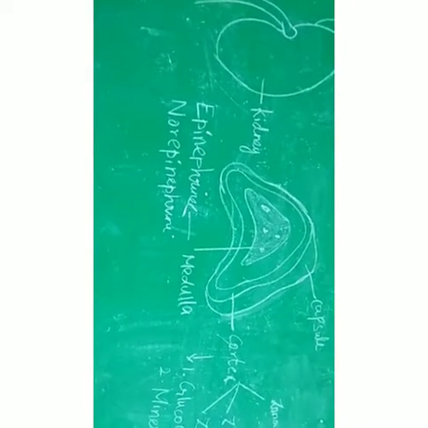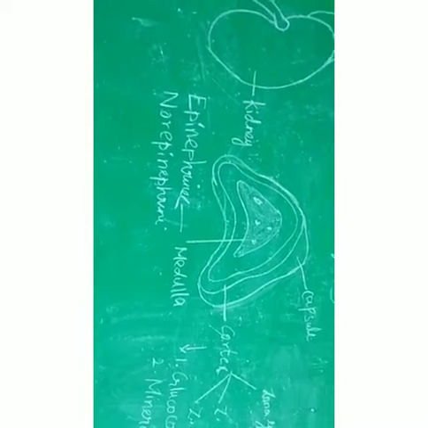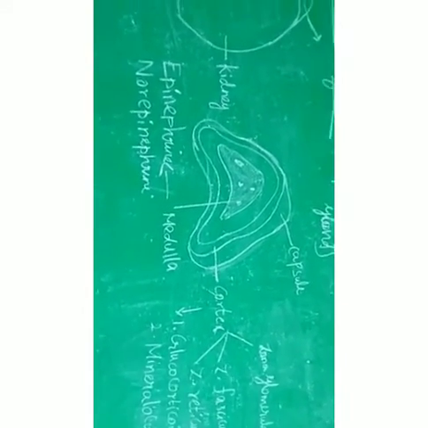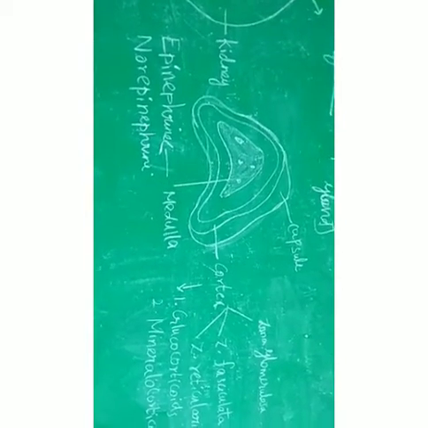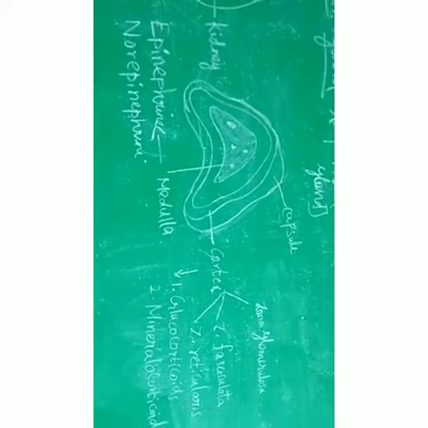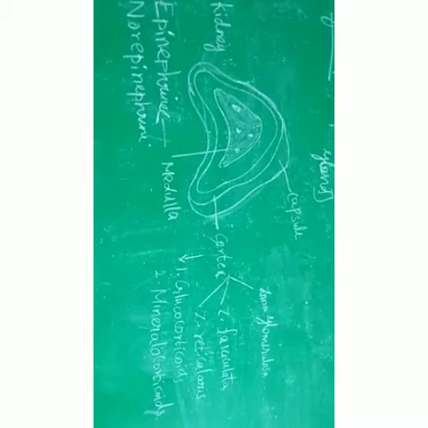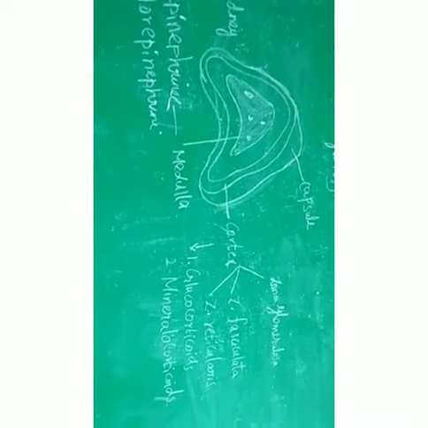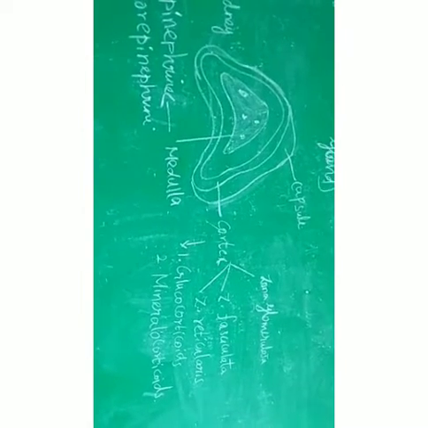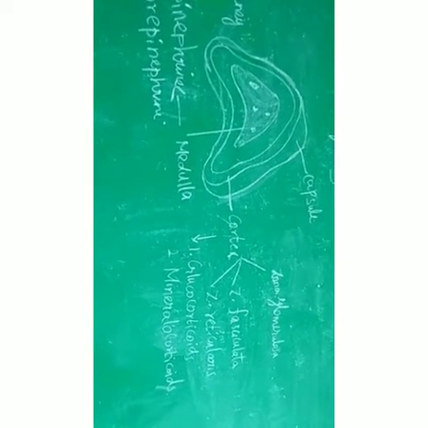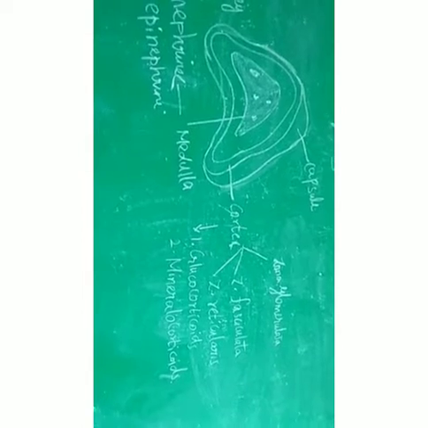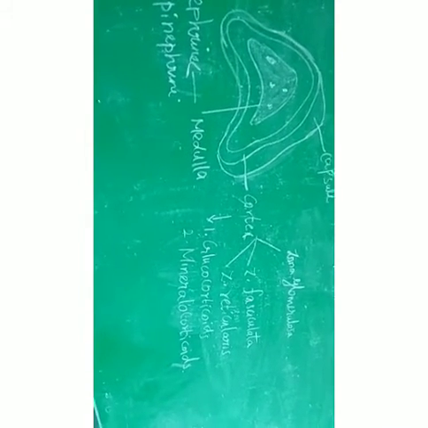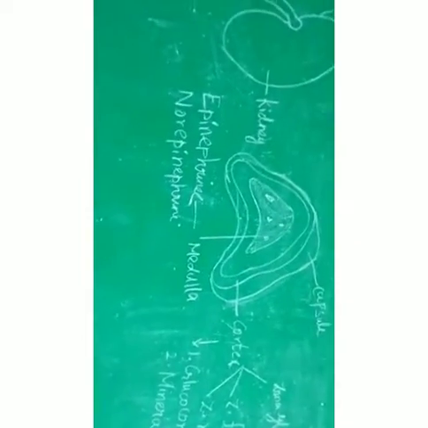These two have different hormones and different functions. The cortex, or adrenal cortex, has three zonal layers: zona glomerulosa, zona fasciculata and zona reticularis. It produces two types of hormones: glucocorticoid, secreted in the zona fasciculata, and mineralocorticoid, secreted in the zona glomerulosa. Next we go to the medulla region.